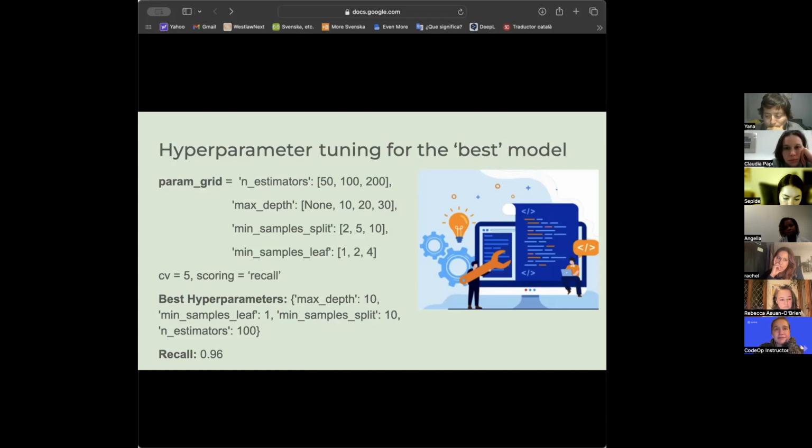The hyperparameter tuned model gave us a recall value of 0.96, which is slightly less than what we had obtained earlier on, but we also note that it has been done on several values, so it is a bit more reliable. Next slide, please.